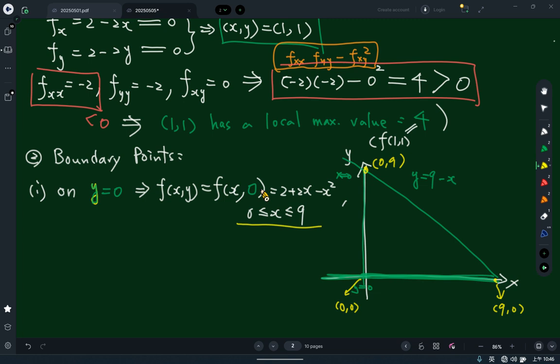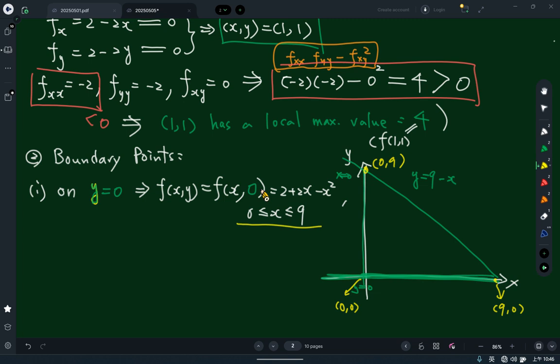Okay, did you notice, originally this is a two-variable function, right? But since y is fixed, y is equal to 0, because we just focus on this line, all y values should be 0. So we just reduce the two-variable function into a single variable function.